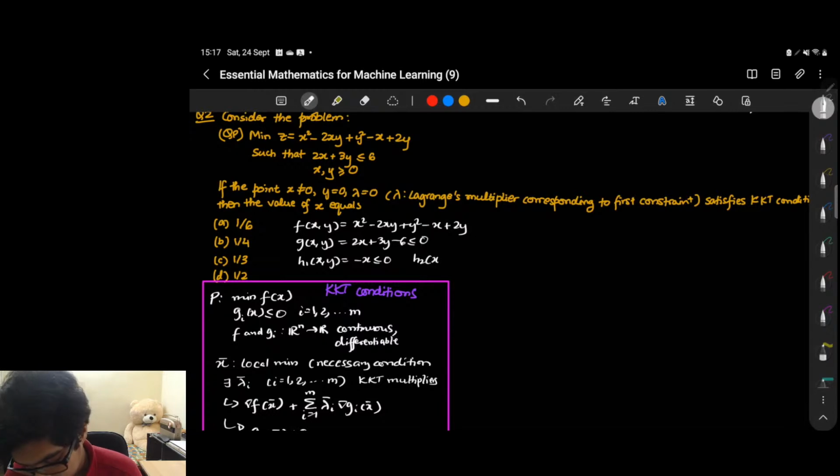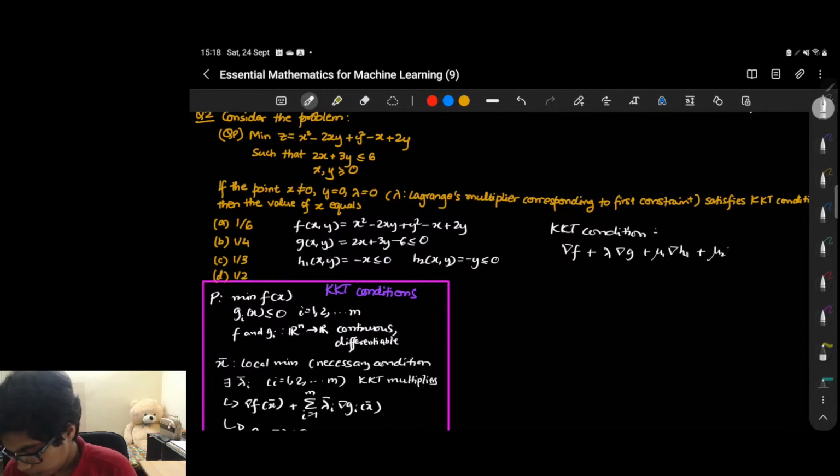So three constraints we have. So according to the KKT condition, let's say the first KKT condition says that gradient of f plus lambda times gradient of the constraints, sum of that, should be equal to 0. So this needs to be equal to 0.